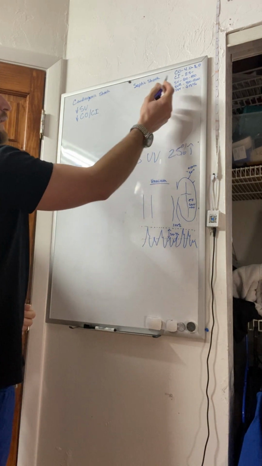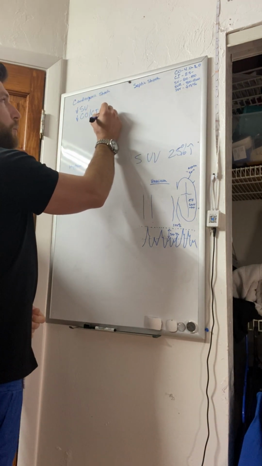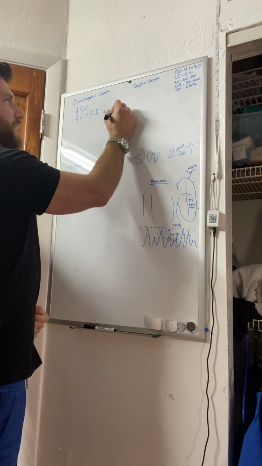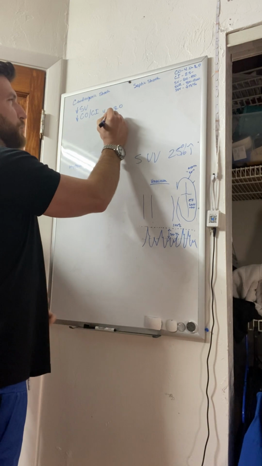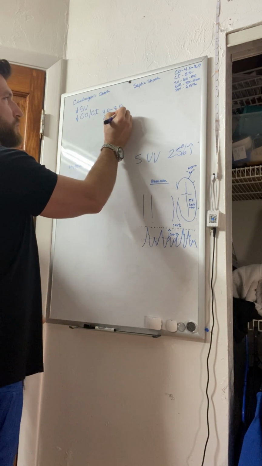So, a normal cardiac output is 4.0 to around 8.0. A normal cardiac index is, I believe, 2.5 to 4.0.